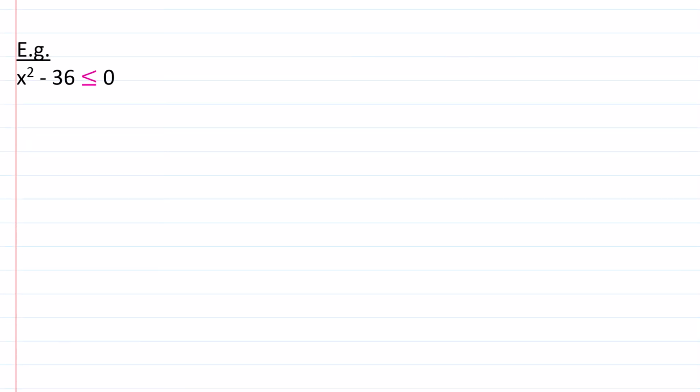The next question is x squared minus 36 is smaller than or equal to 0. Now, this is the difference between two squares. You should spot that straight away. That's x plus 6 and x minus 6. So my critical values are x equals negative 6 and x equals 6.